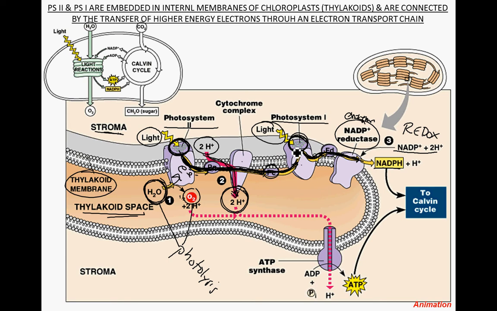The electrons from photosystem 1 then flow to NADP reductase, which is going to grab those electrons and put them on NADP, right, to reduce NADP to NADPH. This NADPH then goes to the Calvin cycle. So here is one of the products of light-dependent reactions.